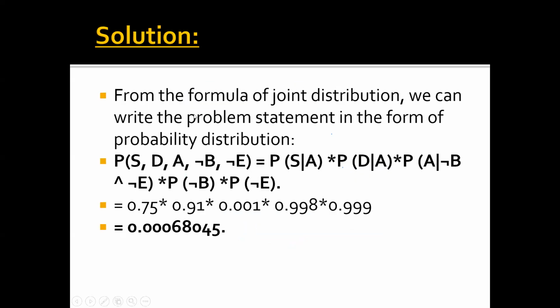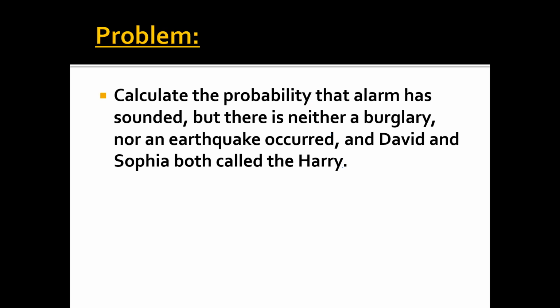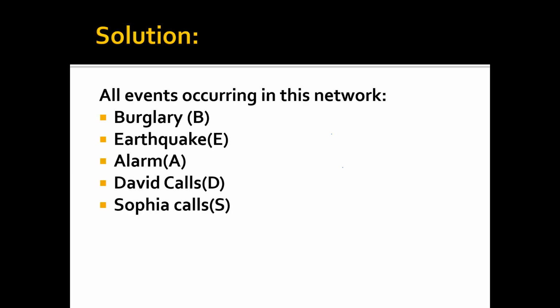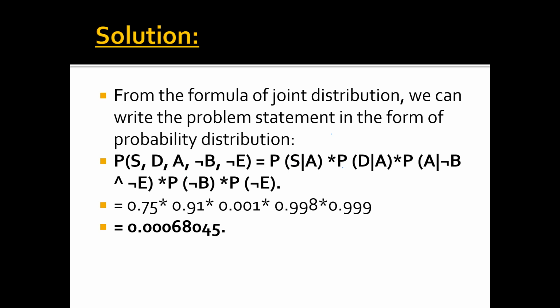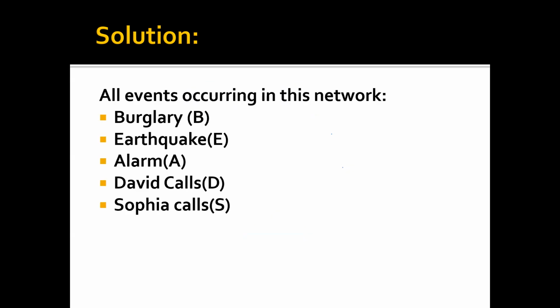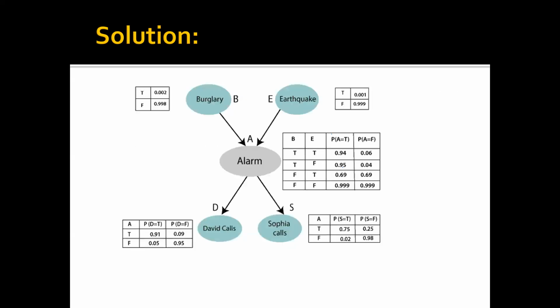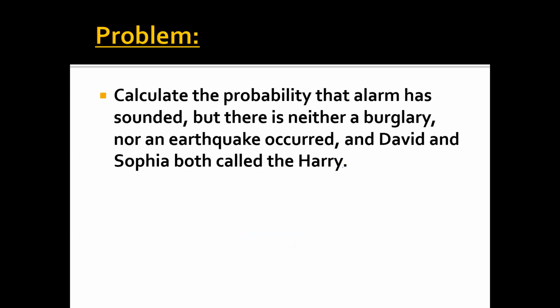So here, from the formula of joint probability distribution, we can write the problem statement in the form of a probability distribution. From the question, we can see that the alarm has sounded. So we are writing the events B, E, A, D, and S. We can write it in any form like S, D, A, B, and E. Now we have different events.